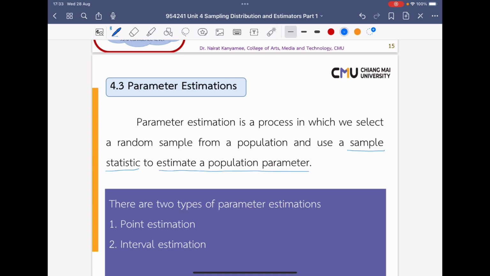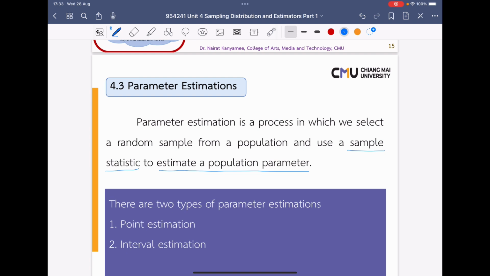For example, the mean. We are looking for the population parameter, but we cannot measure it directly, so what we do is we measure in the sample, then we make an inference about the population.